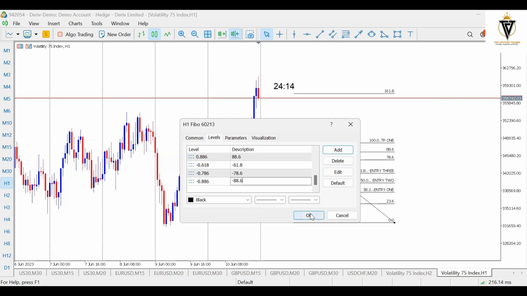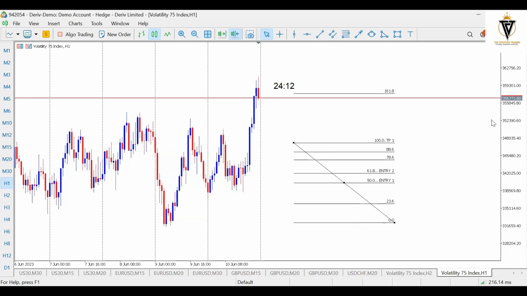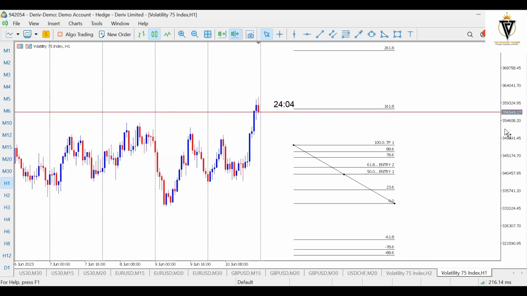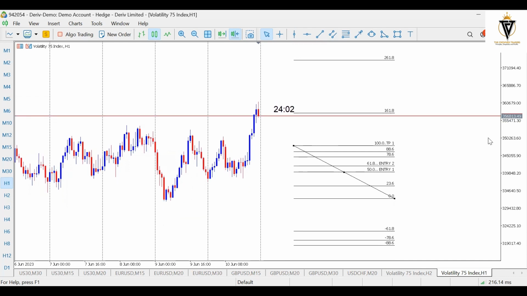Okay, so where are they? All right, so they're down here. You can also use them as your take profit levels, as your TP points.